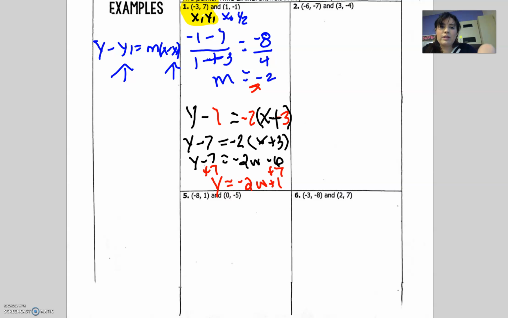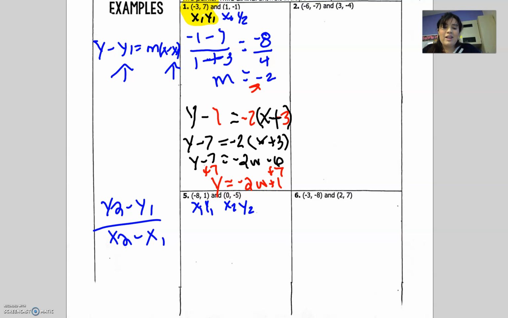So again, we got to use that slope formula. So that's our y2 minus y1 over x2 minus x1. I'm going to label my first set x1, y1 and my second set x2, y2. Alright, so let's fill in. Our y2 is negative 5, and we always have a minus.